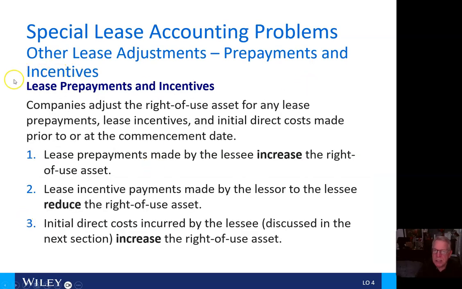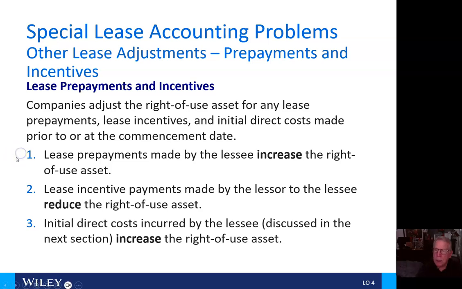Okay, special lease accounting problems for other adjustments, and these include prepayments and incentives. The company adjusts the right of use asset for any lease prepayments, lease incentives, and initial direct costs made prior to or at the commencement date.